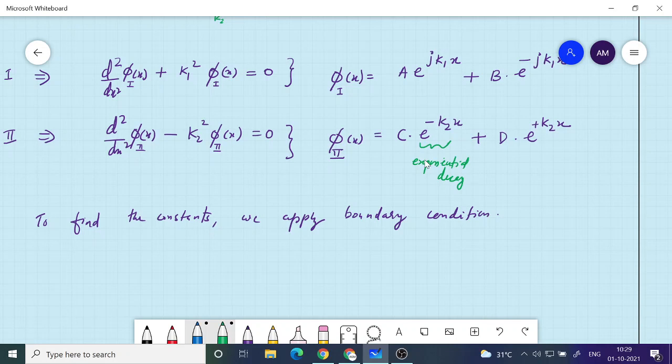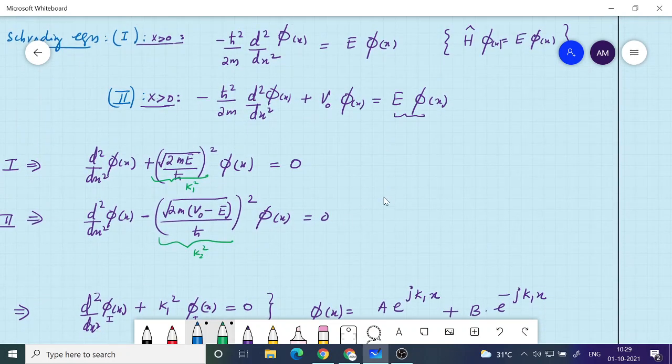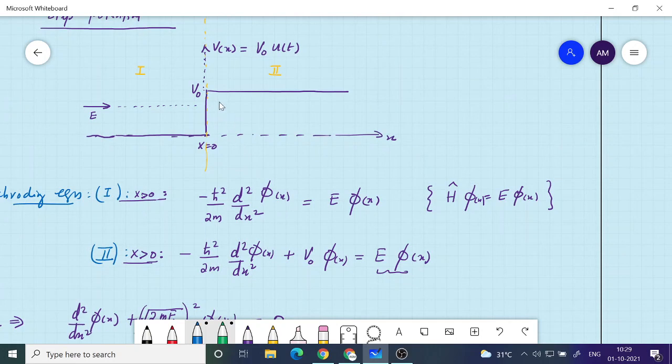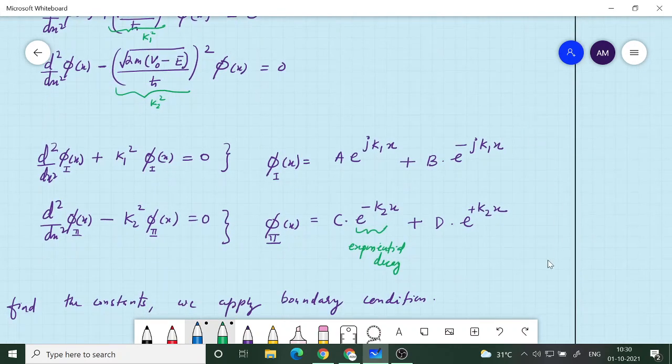This means we have a decaying solution inside the barrier. The wave dies out as x goes to infinity, which is physically possible, because a wave can die out in amplitude as it goes to the right.